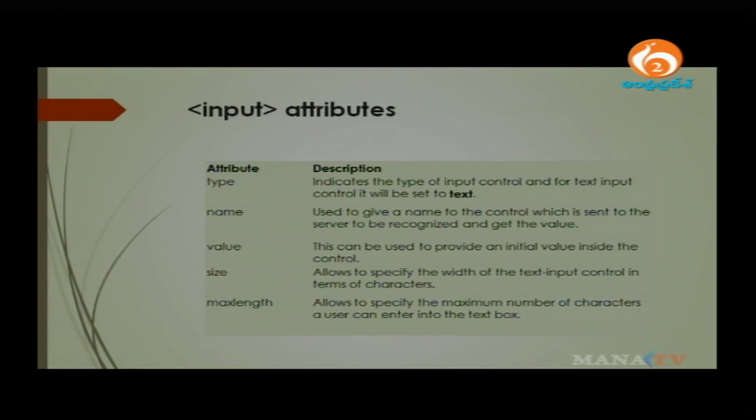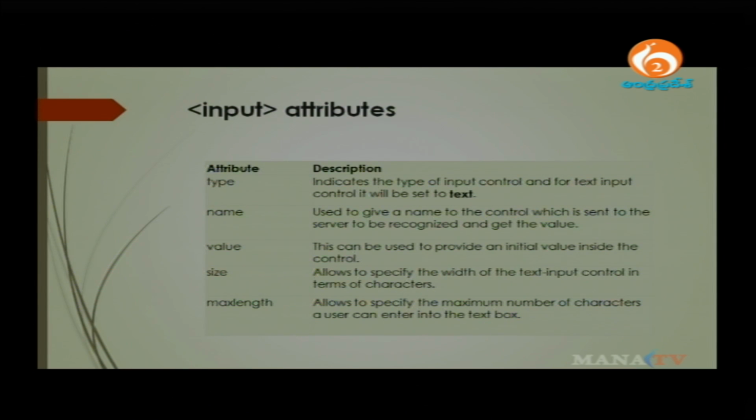Before going to the password input control, we are going to see the attributes that are associated with input. One is the type attribute. The type attribute indicates the type of the input control, and for a text input control it will be set to text.